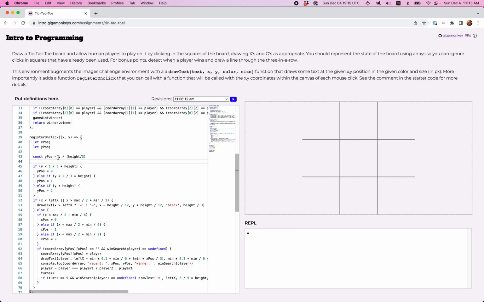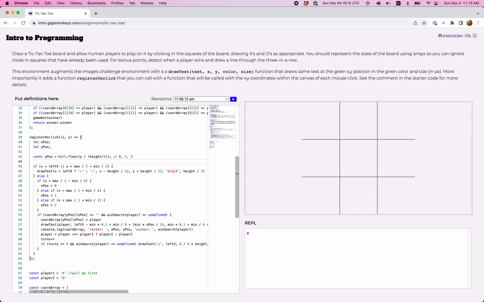That suggests if we take the floor of that expression, that will give us a value 0, 1, or 2 in exactly the same pattern as this. That's what I mean by replacing logic with math. There's a mathematical relationship that this logic was capturing, but it can be expressed more directly with this.